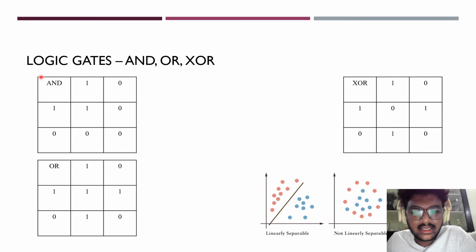As we know, for an AND gate, for the input 1 and 1 we get the output 1, and for 1 0, 0 1 and 0 0 we get all zeros.